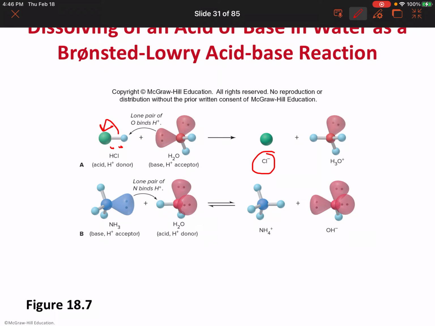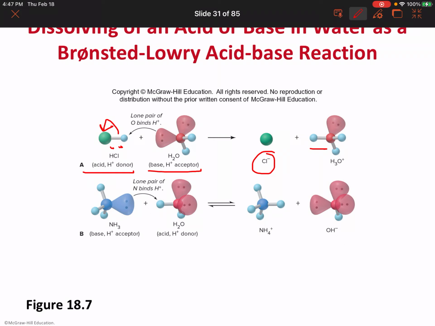And then the bond between the lone pair of the oxygen and hydrogen forms here. Now what do we have? We have H3O plus. There are 3 hydrogens, 1 oxygen and a lone pair. H3O plus and chloride. So what is HCl here? It is a proton donor, and the base is water, the proton acceptor. So water accepts a proton from the hydrochloric acid.